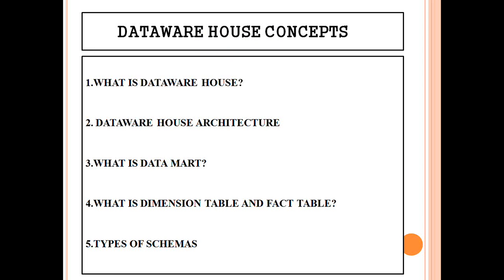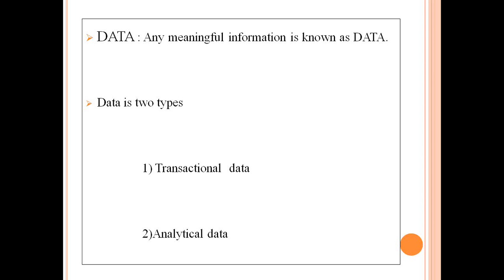These are the concepts we are going to discuss: what is a data warehouse, the architecture of a data warehouse, what is a data mart, what is a dimension table, fact table, types of schemas and all that stuff. Let's see, first, what is data? It's the basic.